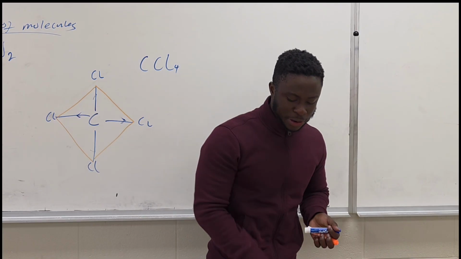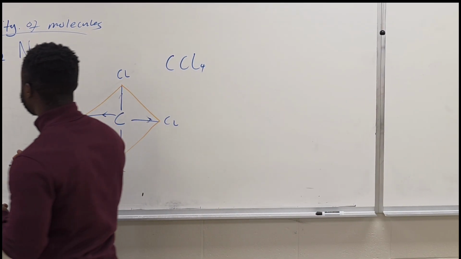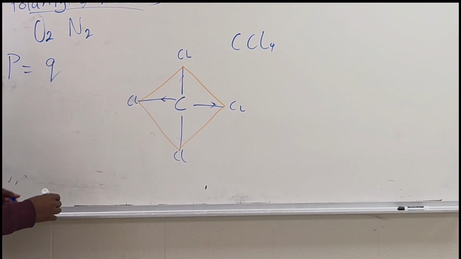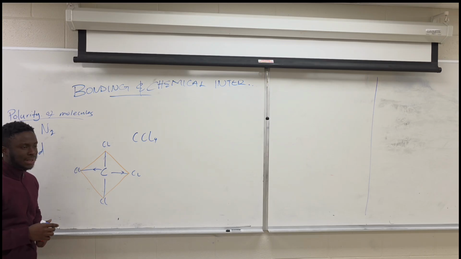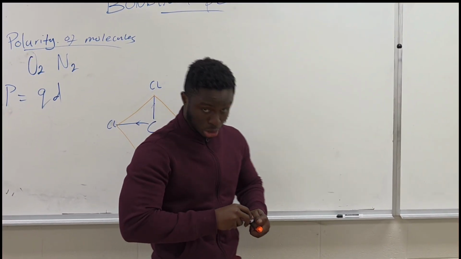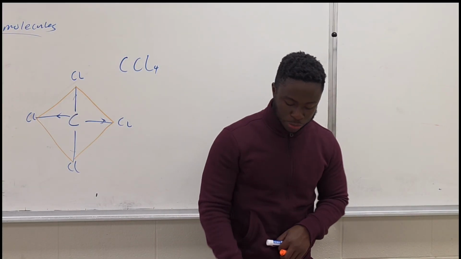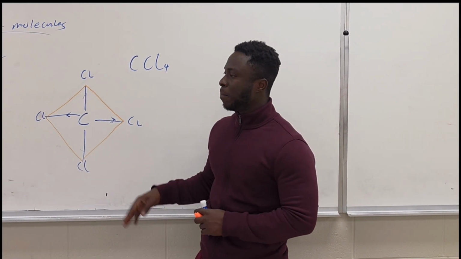Now there is a formula for calculating the polarity of a compound that goes P, which is the polarity, equals Q, which is the charge, times D, the distance between the charges. So that is really what we are talking about when we talk about polarity of a compound.